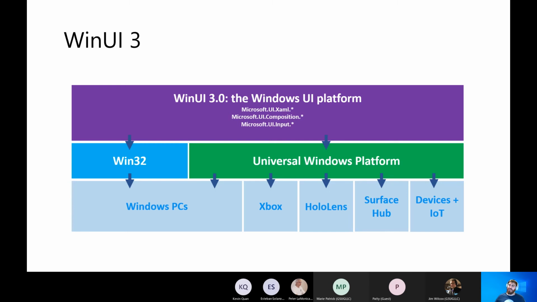The WinUI 3 is the first component of this new project that we have at Microsoft called Project Reunion, which I will cover briefly later today. But you have to imagine that with WinUI 3, you can develop your UI with one shared language, which is UWP XAML.